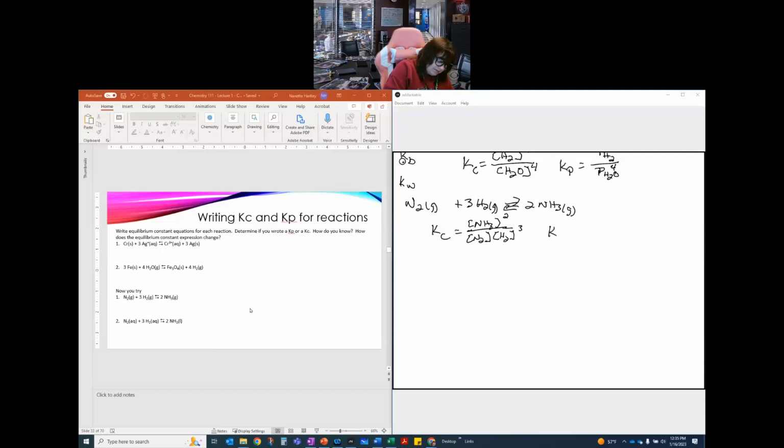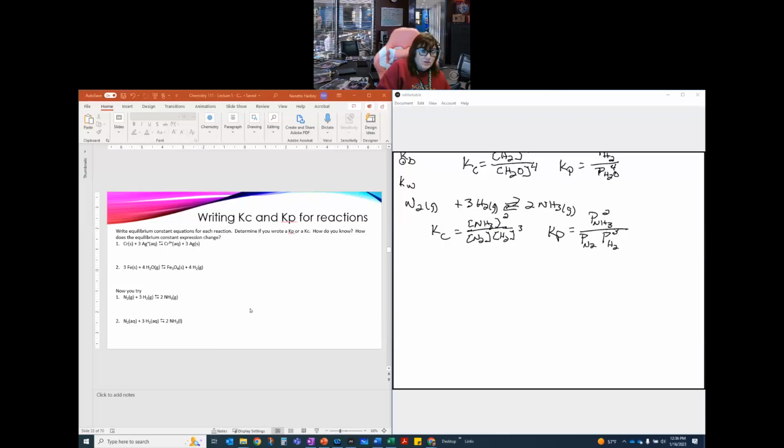But we can also write a Kp, and that's going to be the pressure of the NH3 squared divided by the pressure of the N2 and the pressure of the H2 cubed. Okay. So again, in this case, I can write a Kc and a Kp. It's usually more relevant to use the Kp, but I can write a Kc for this as well.